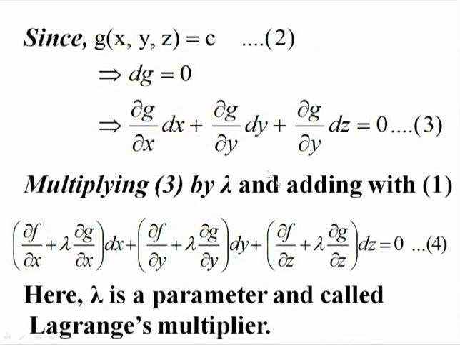We get df plus lambda dg is (∂f/∂x plus lambda ∂g/∂x) dx plus (∂f/∂y plus lambda ∂g/∂y) dy plus (∂f/∂z plus lambda ∂g/∂z) dz is equal to 0.